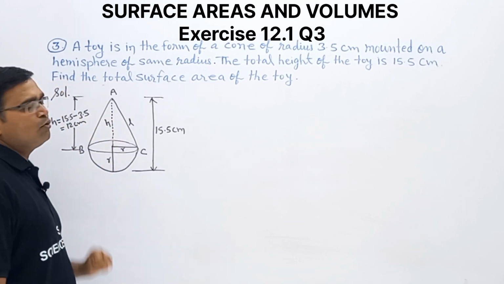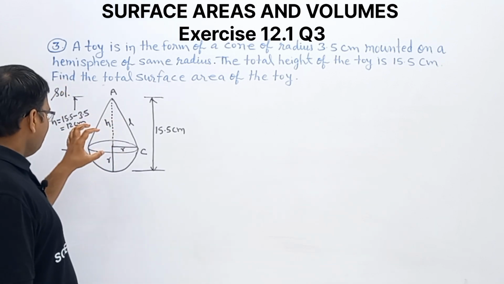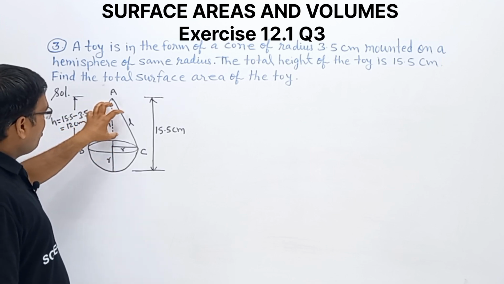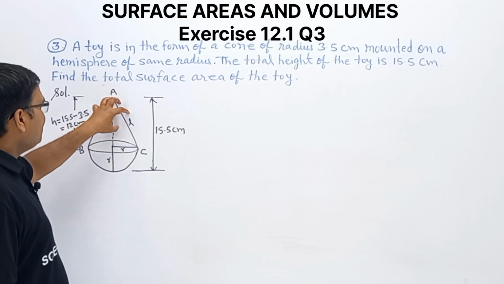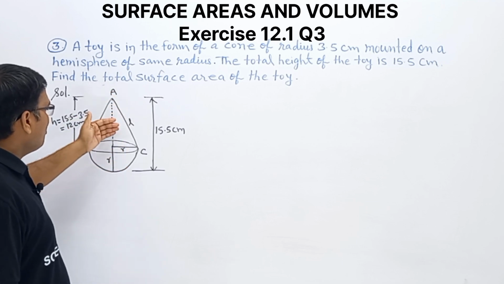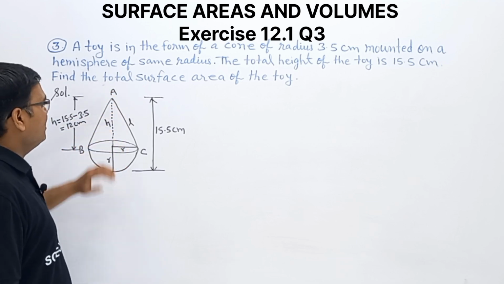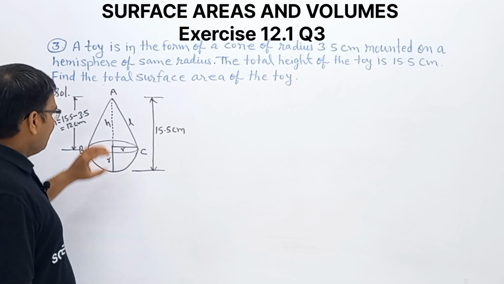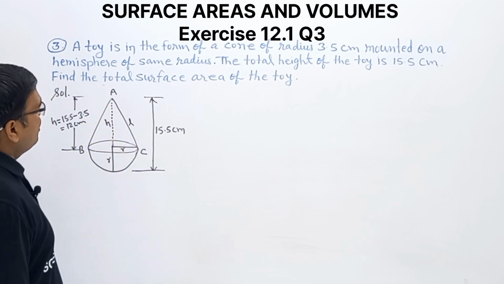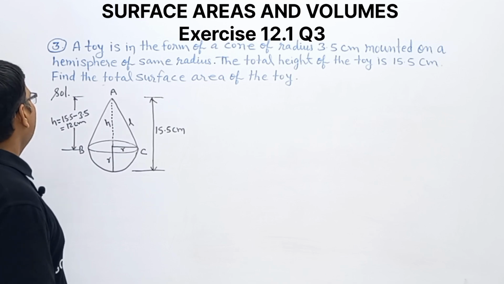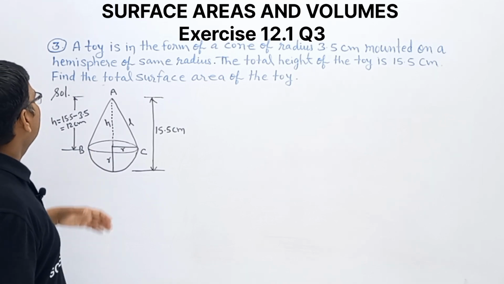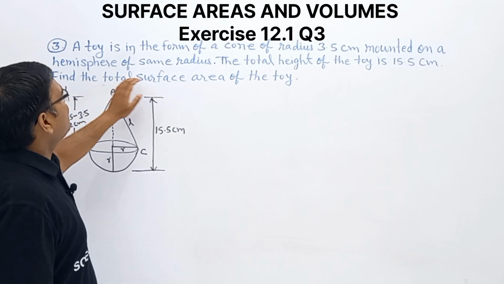We have one toy, and in this toy we have a cone and a hemisphere. The cone is mounted on a hemisphere. The radius of the cone and the radius of the hemisphere are the same. Clear? First we will write what we have, then we will find the total surface area of the toy.